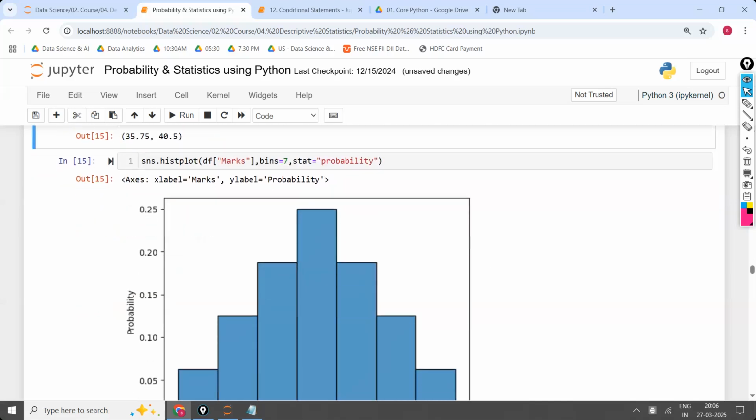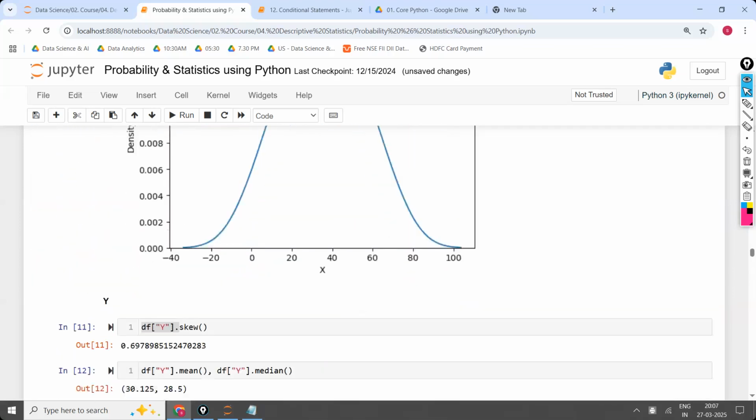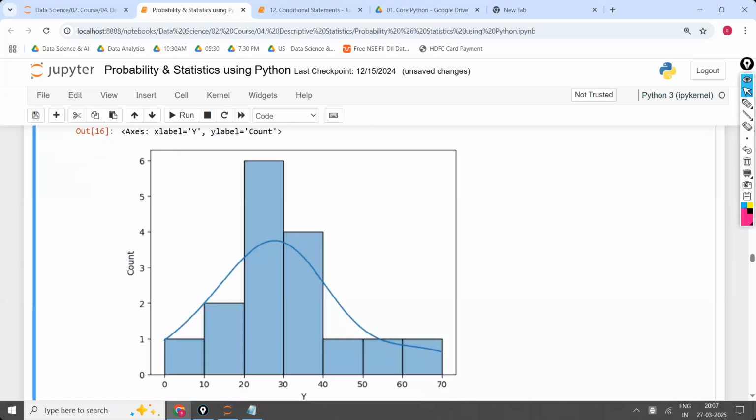Sir, instead of a separate KD plot, can't we bring the KDE in the histogram itself? In the histogram we have drawn, we can bring the KDE just by adding kde equals true. If you write like this, automatically your histogram will be available and at the same time the KDE curve will also be available. In the hist plot, just add kde equals true.